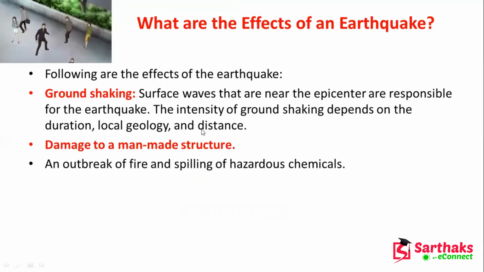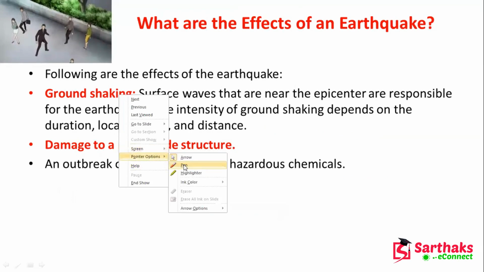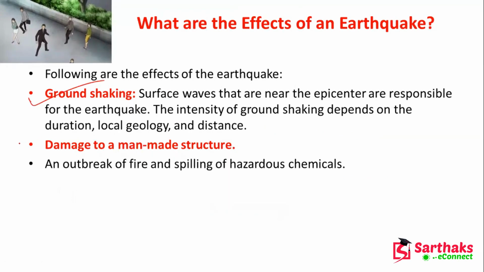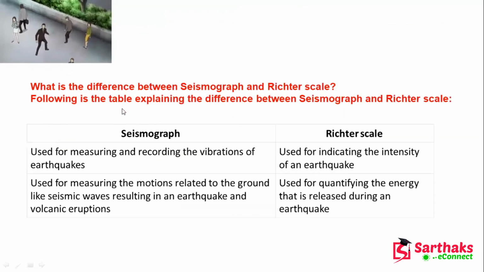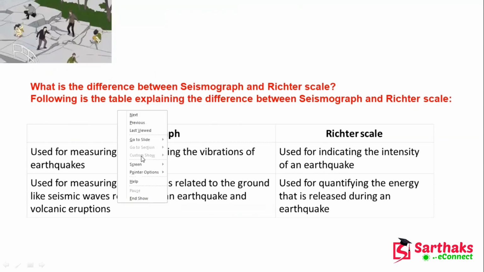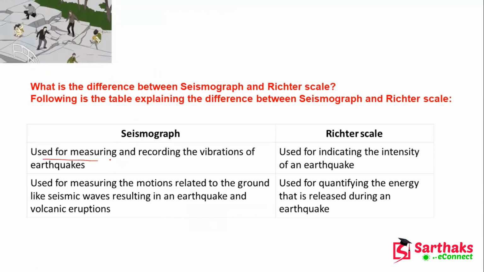What are the effects of earthquake? The first effect is ground shaking, then damage to man-made structures. And what is the difference between seismograph and Richter scale? Seismograph is used for measuring and recording the vibrations of the earthquake, and Richter scale measures the intensity of the earthquake, that is, the power of the earthquake.